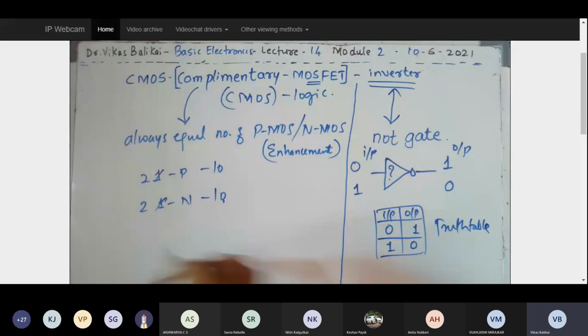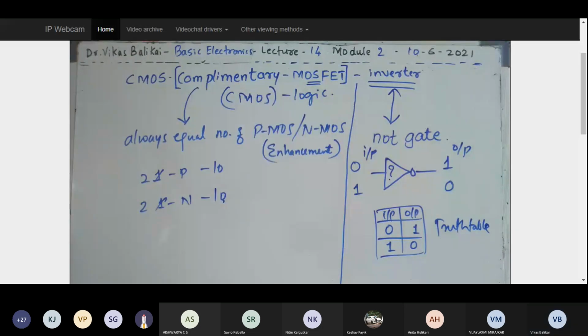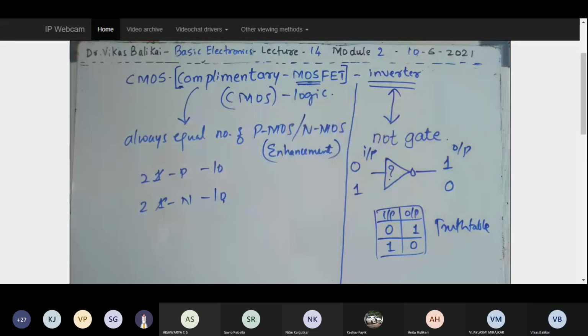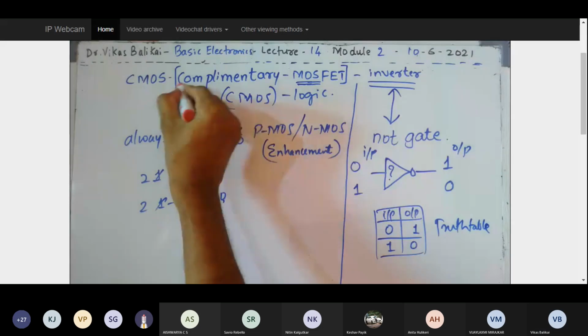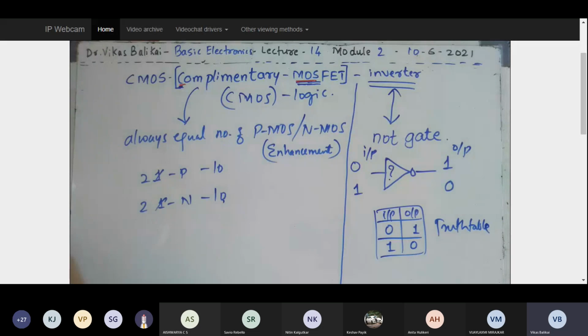If that is the case, then the logic you are following is known as complementary metal oxide semiconductor field effect transistor logic. The C I'm taking from here, and MOS I'm taking from here. It is called CMOS logic. So how exactly is my inverter going to look when I talk about CMOS logic?